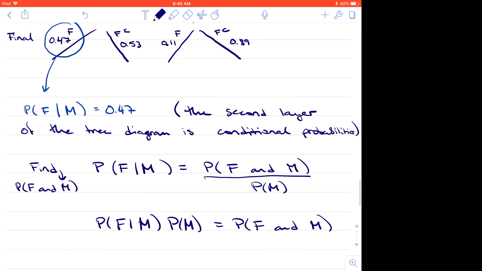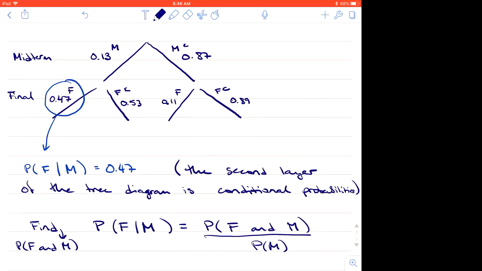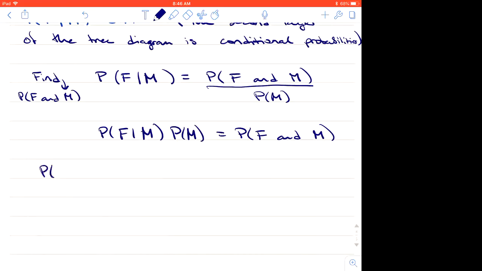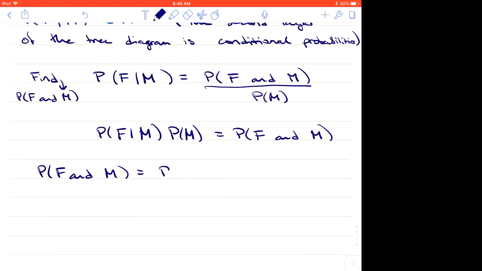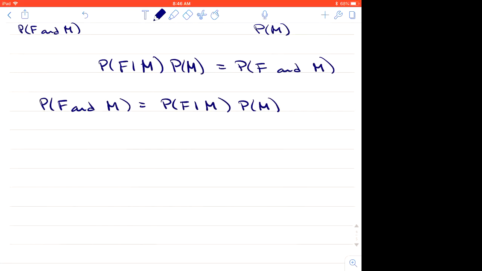Which we said was the 0.47, so the bottom branch, and then times the probability of M, which is the top branch. Right? So the probability of F and M, I'll just rewrite it with the probability of F and M on the left-hand side, is the probability of F given M times the probability of M. Where this is the lower branch, and this is your top branch.